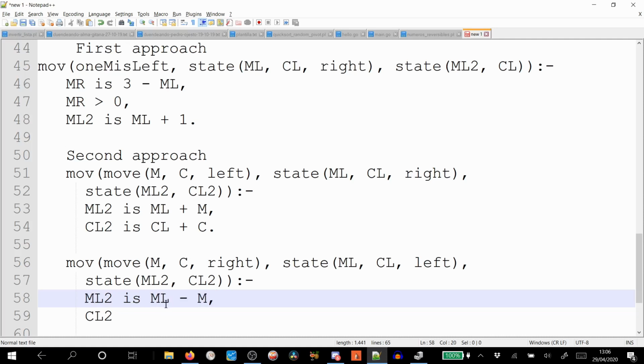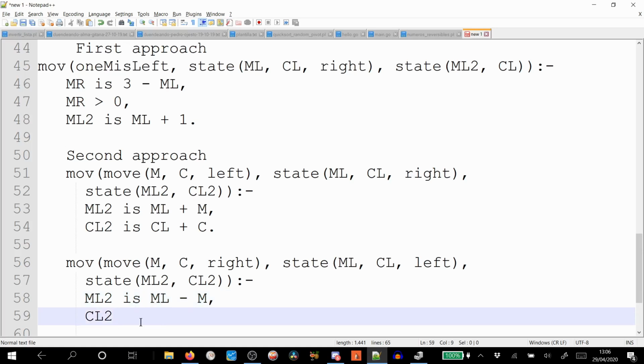We are moving from the left to the right. So we have here the missionaries in the left side. We have to delete this number. And the same with the cannibals. It's cannibals to the left minus c. Yes or no? Yes. Yes, okay. Nice.